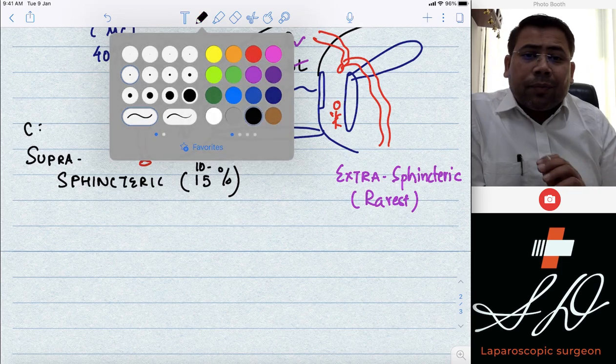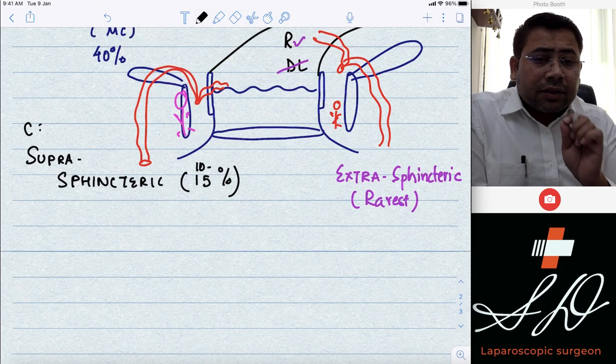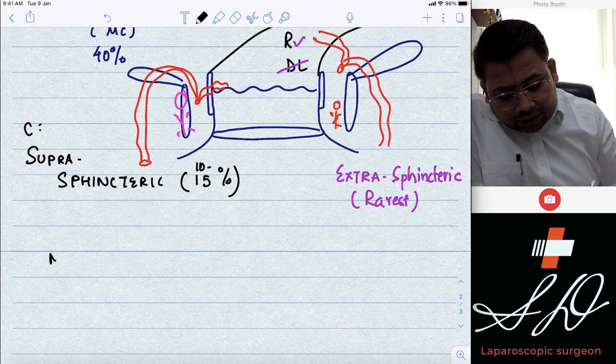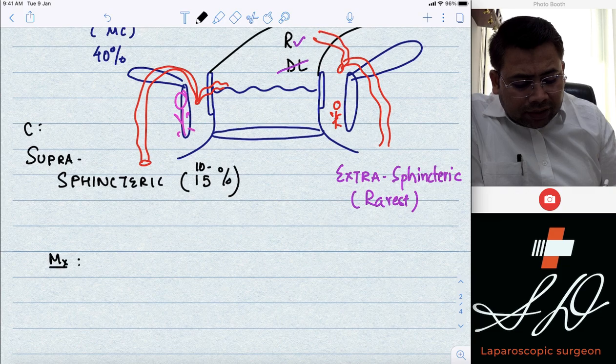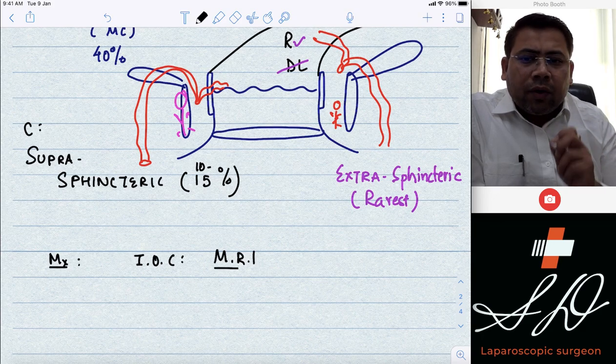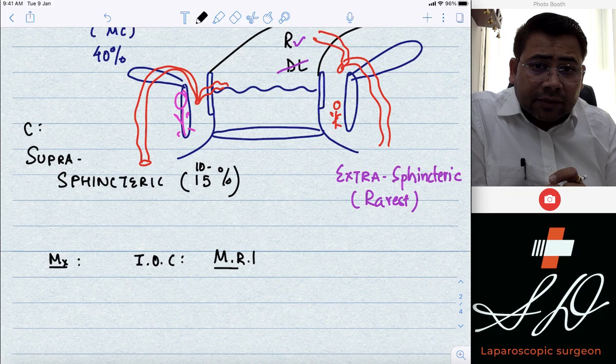Now, whatever be the type, the management is planned very meticulously. Let us see. What is the management? The first line or the investigation of choice here is MRI. If you don't do MRI, you will not be able to differentiate what type of fistula it is.